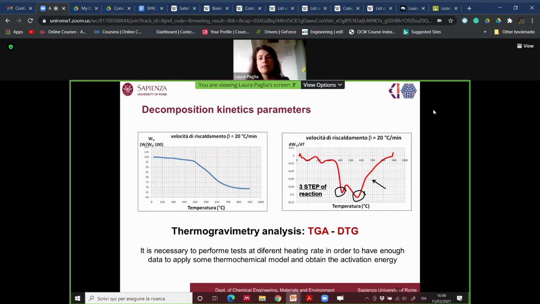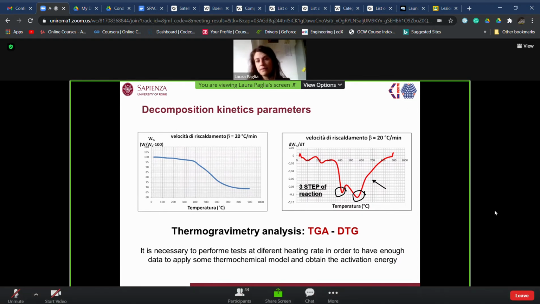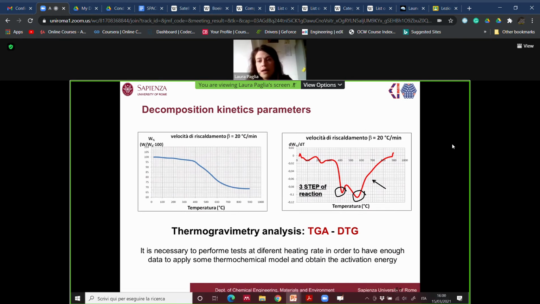These parameters are very important also because they describe the behavior of an ablative material. For example, the variation of the activation energy could be an important parameter to evaluate. Higher is the activation energy of a material, higher is the energy that I have to employ for the decomposition of my material.